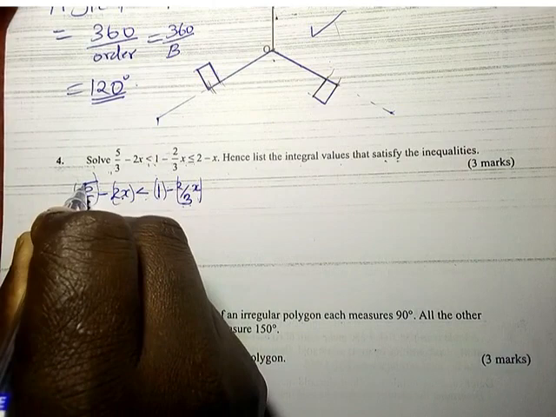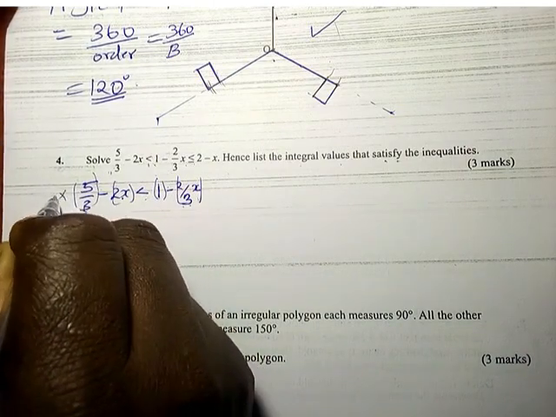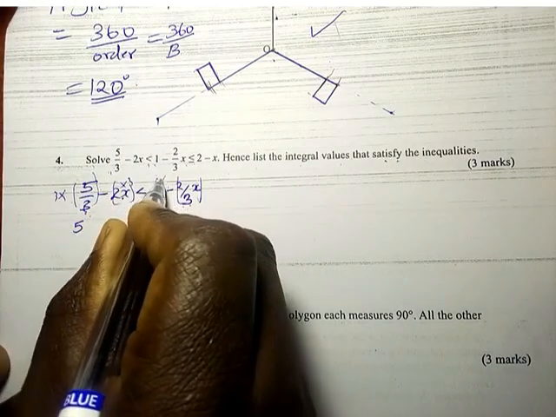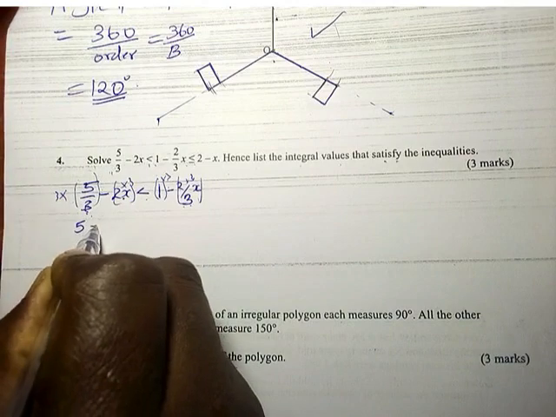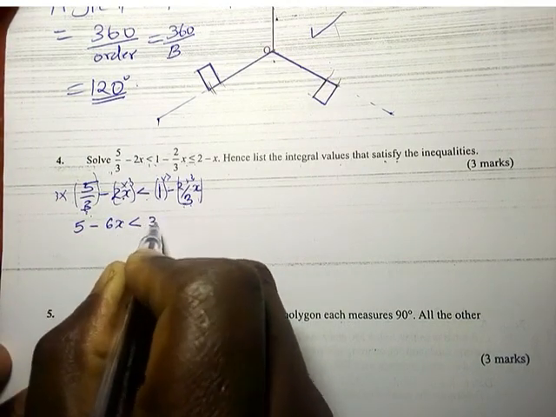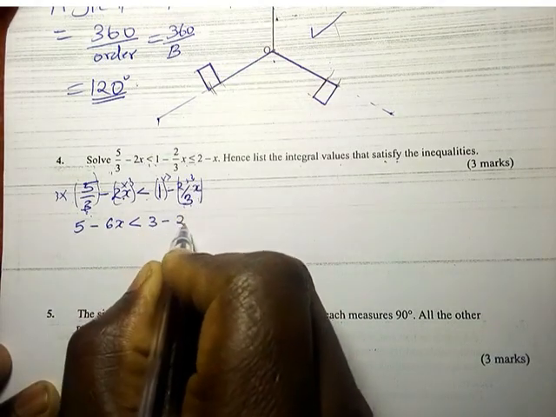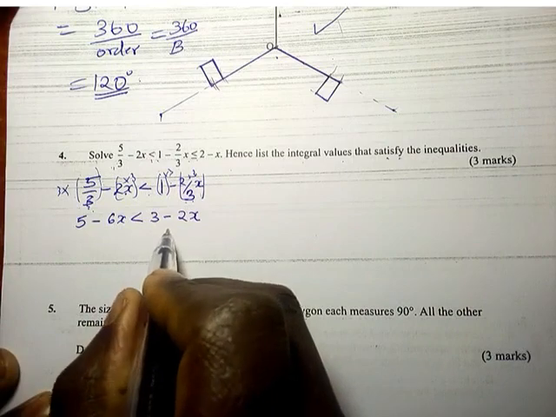So if you multiply here, times 3, we will have 5. Times 3 here, times 3 here, times 3 here. So we will have 5 minus 6x is less than 3 minus 2x. Now hatuna fraction tena. Umeona? The next thing is like terms together.